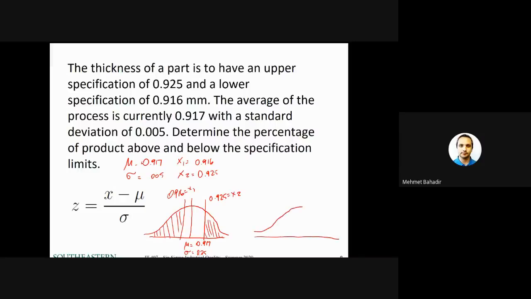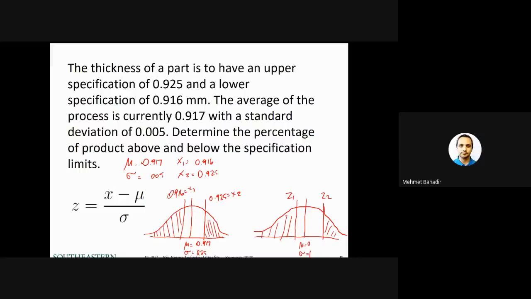What I need to do is calculate the standard normal distribution. When I make that transformation, my mean is going to be 0, standard deviation will be 1, and this will be my z1, and this will be my z2. And again, I'm going to calculate these areas.